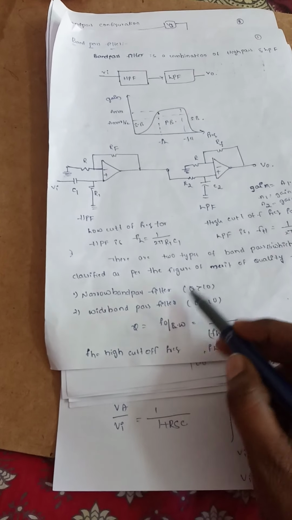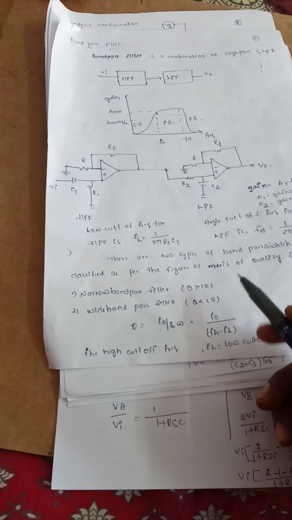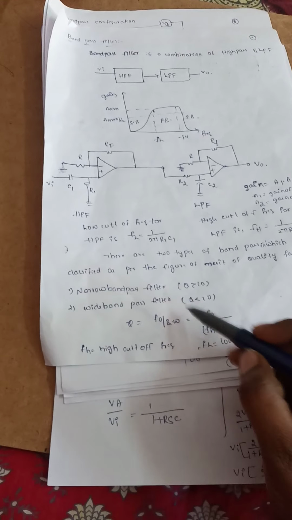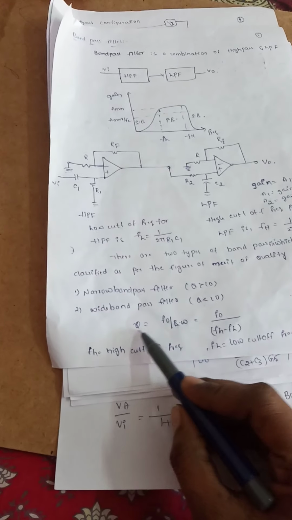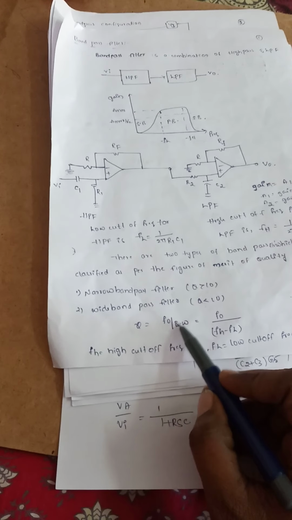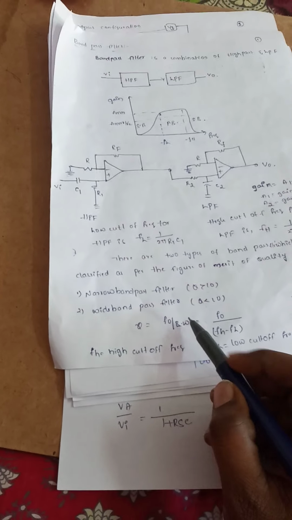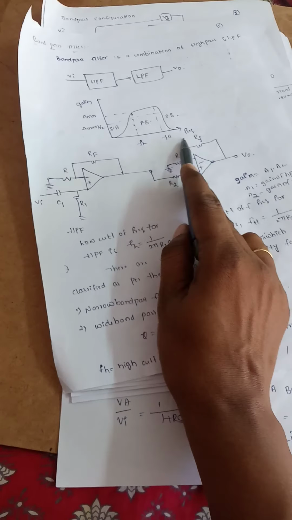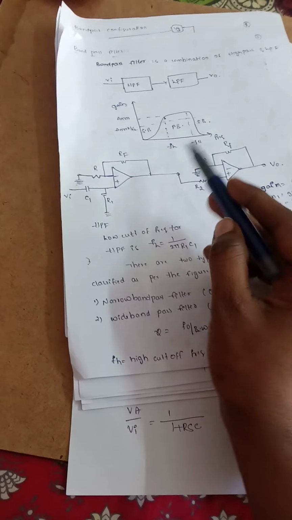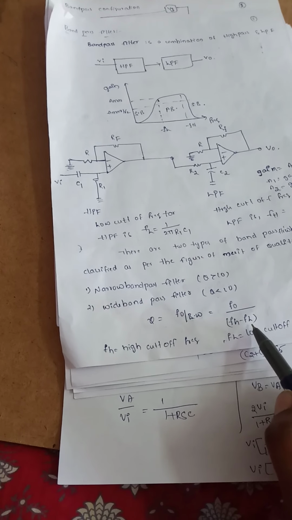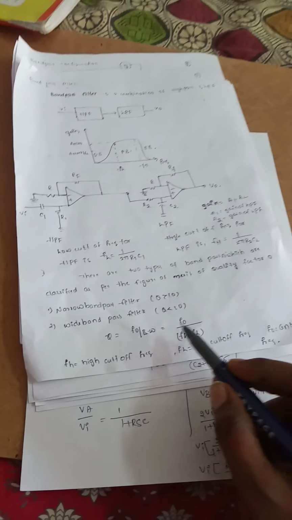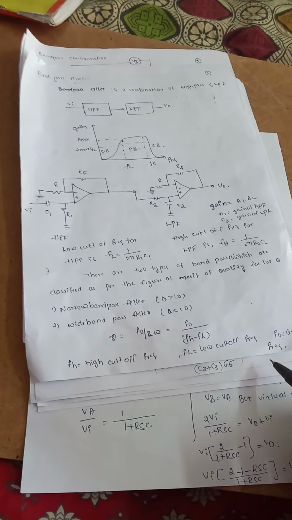These two types are differentiated by the quality factor Q. The quality factor Q is equal to F naught by bandwidth. Here the bandwidth is the difference between the high cutoff frequency and the low cutoff frequency. FH is the high cutoff frequency, FL is the low cutoff frequency, and F naught is the central frequency.